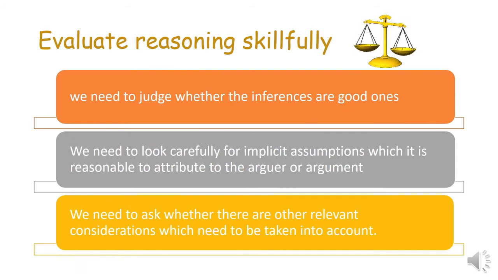To do this, besides using the appropriate standards, you need to look carefully for implicit assumptions which it is reasonable to attribute to the argument. And you need to ask whether there are other relevant considerations which need to be taken into account.